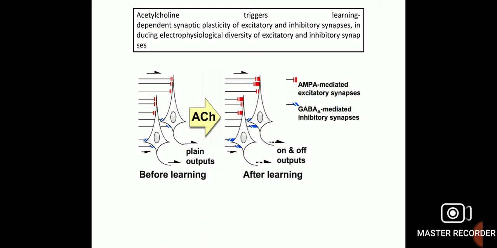If you see before learning and after learning, what happens? If acetylcholine is given, then AMPA mediated excitatory synapses will be increased and GABA mediated inhibitory synapses will also work in a greater manner.